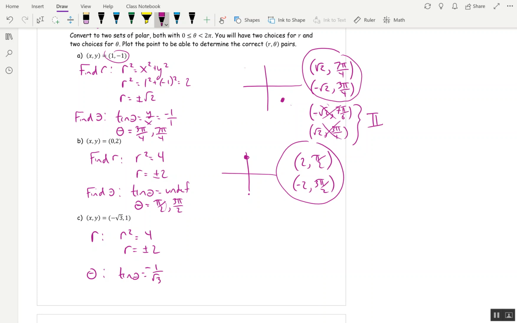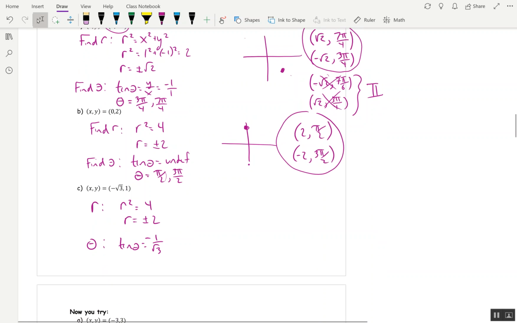So I need two angles between 0 and 2 pi whose tangent is negative 1 over root 3. So that's a negative slope and it's gradual. So that's going to be here 5 pi over 6 and 11 pi over 6 over here.